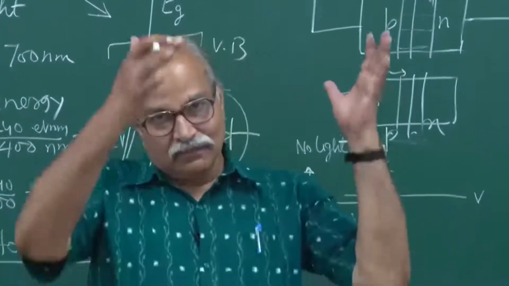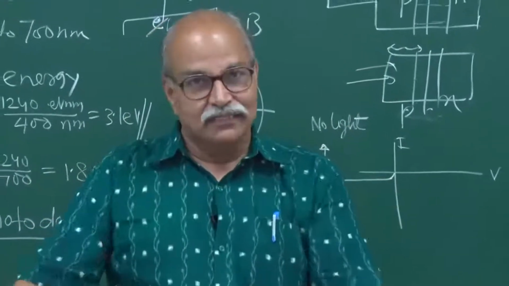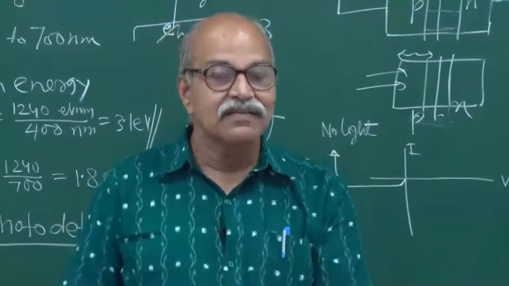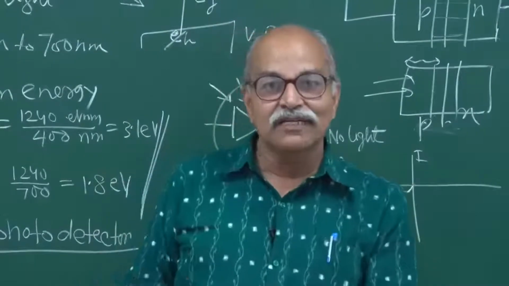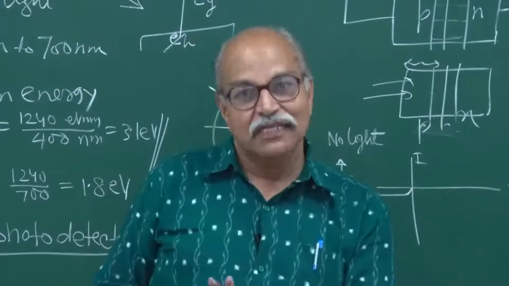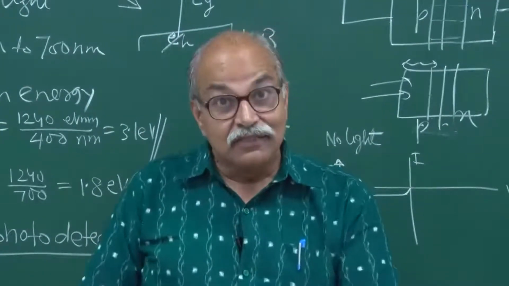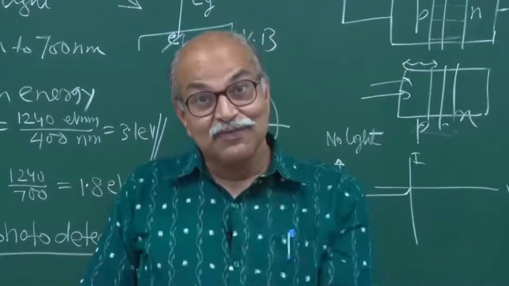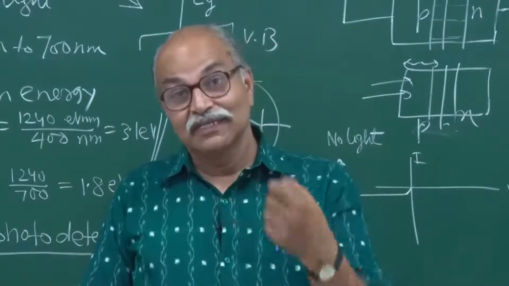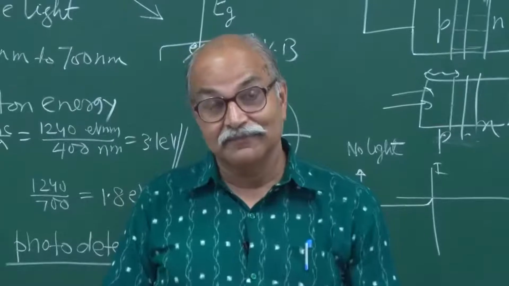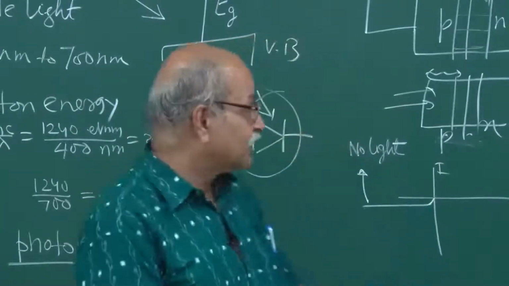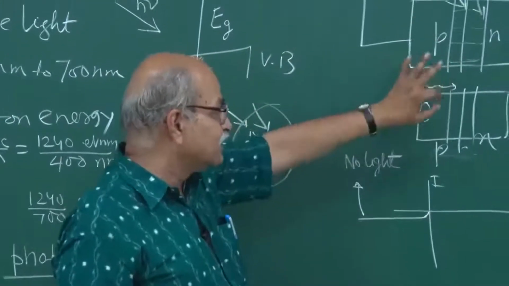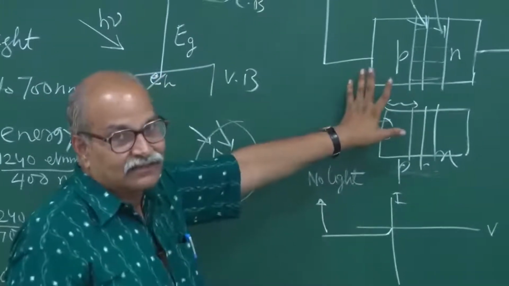So if 1000 photons are falling, there is an efficiency factor. Those many hundred photons may get absorbed there, and each photon which is absorbed gives rise to one electron hole pair. Okay. There may be some other ways of dissipating the energy, but finally there is some fraction.